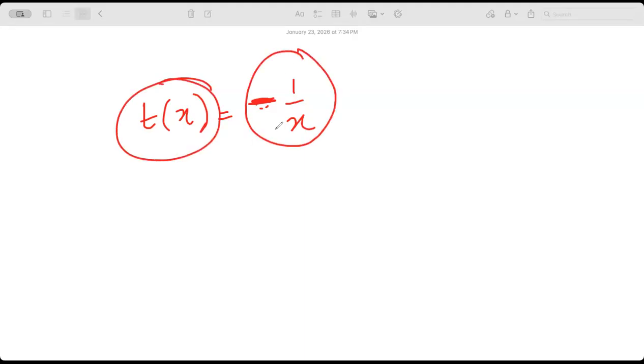How about this? T of x is equal to minus 1 by x. What is that, guys? A reflection over the x-axis? Reflection. This is a reflection over the x-axis. Good job. Because the y value completely got negated.